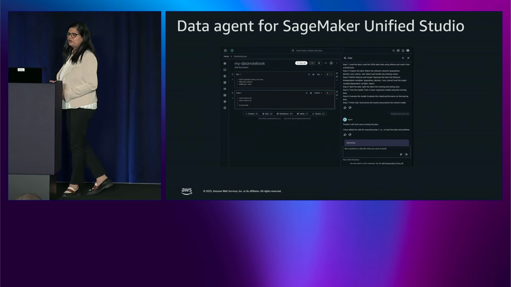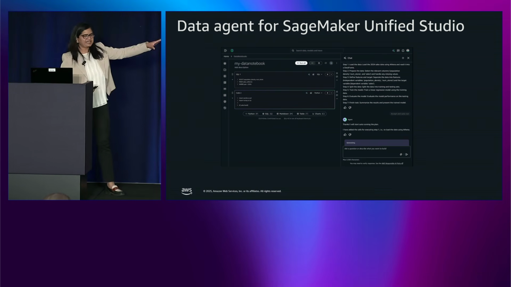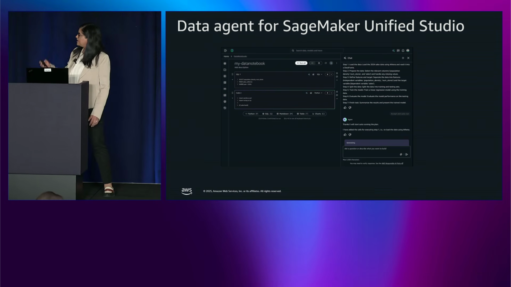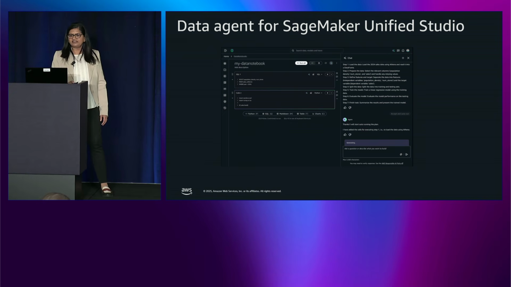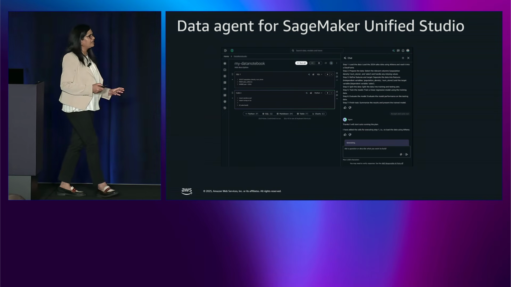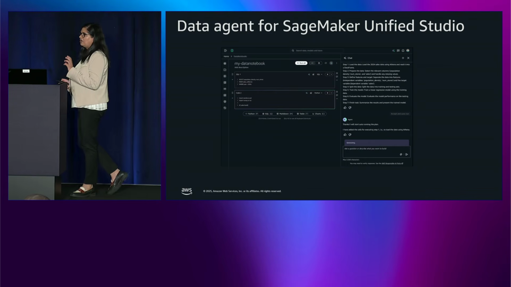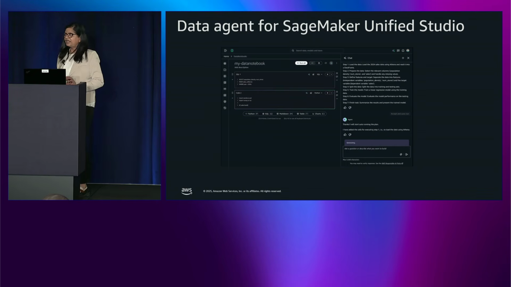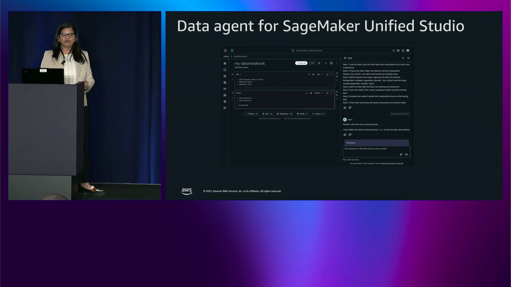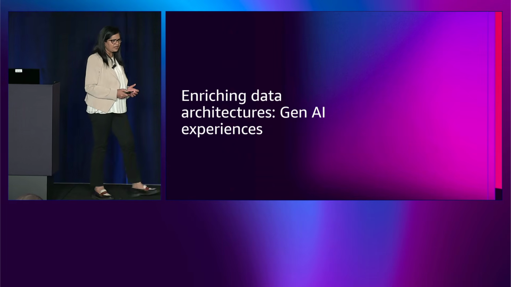But with SageMaker Notebooks, as you can see here on the right-hand side, there is an agent that is already detecting what tables you have in your Glue Data Catalog, what is the context for your notebook, and it is able to provide you with enough context to run your Python notebook.